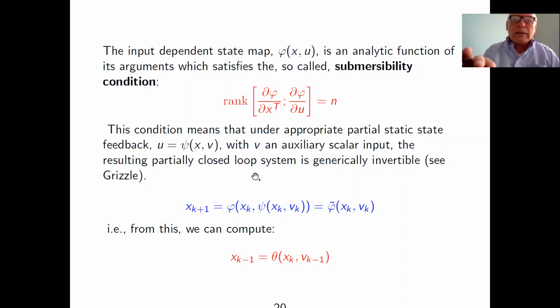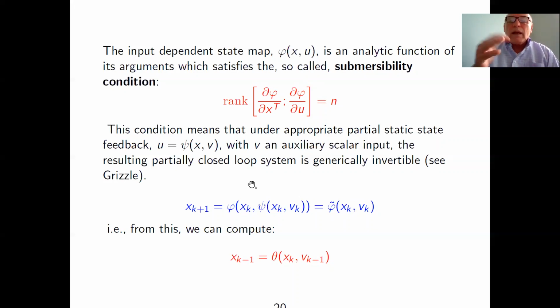You substitute that into your system, you still obtain a control system pretty much of the same form as the previous one. But this assumption somehow tells you that the local maps in the state and the controls give you a non-empty image in Rn. And so you have an open set as an image.